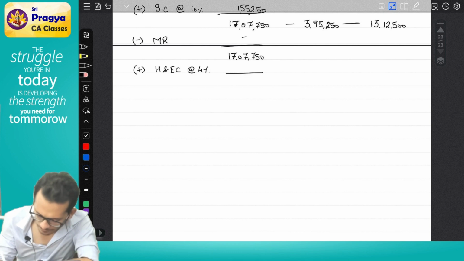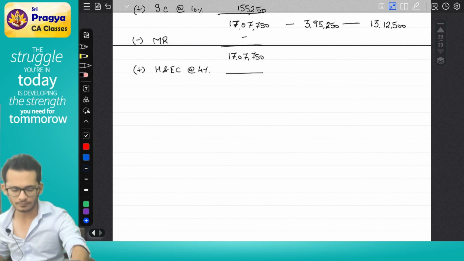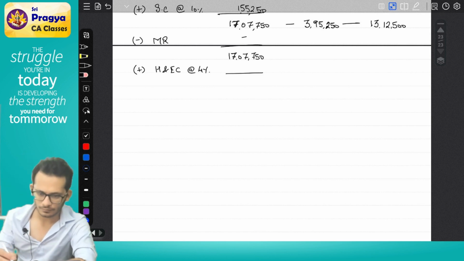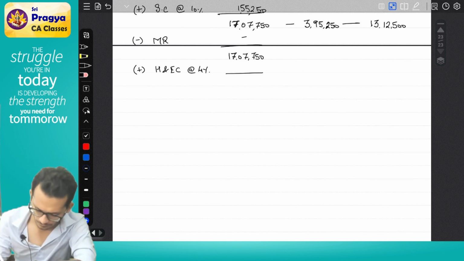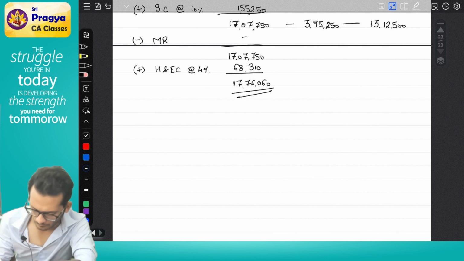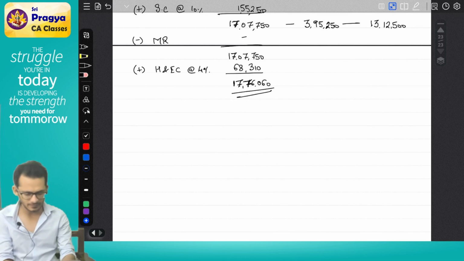Total taxes will become 17,76,060. This is what will become your final tax payable. Yes or no?